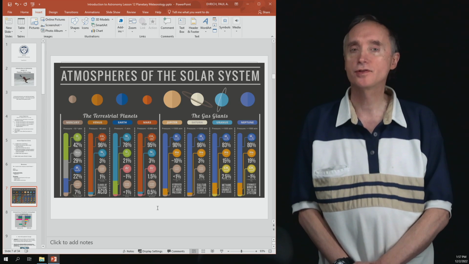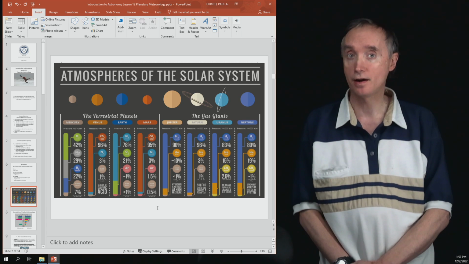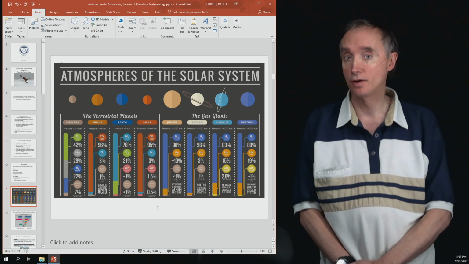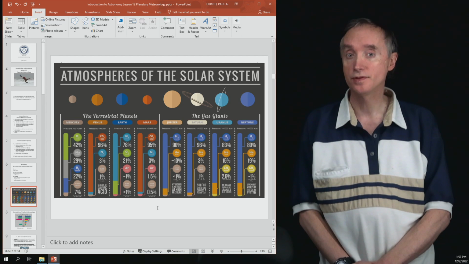Okay, then let's look at Venus, and you can see that its main component is carbon dioxide. And then look at Mars. You'll notice it's almost identical. So the major component of the atmosphere of Mars is also going to be CO2.